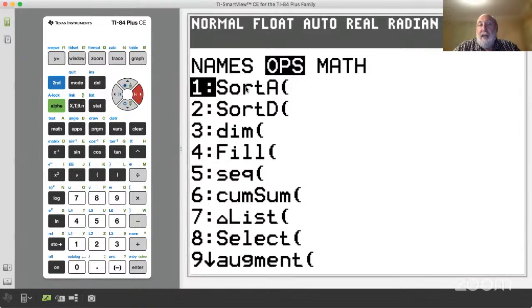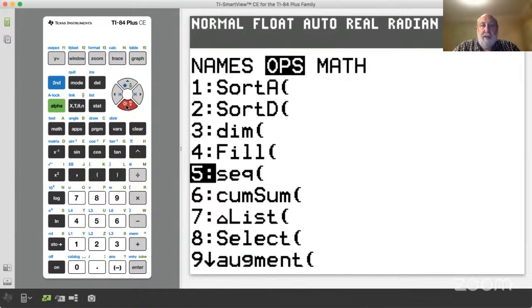If you look down there, look at number 7, there's delta list. We think of delta t, delta x, whatever. This is going to give us our increment values for our list. How far apart are each of the entries spaced apart? So let me go down and choose delta list.